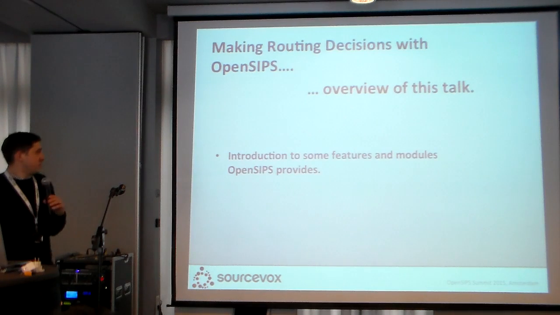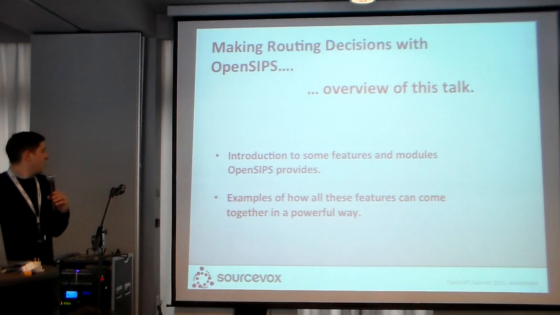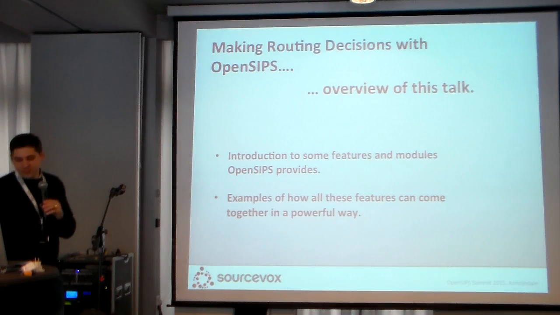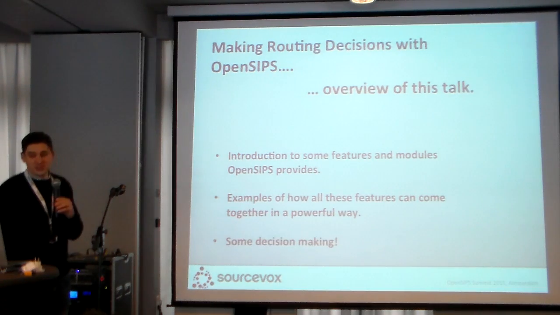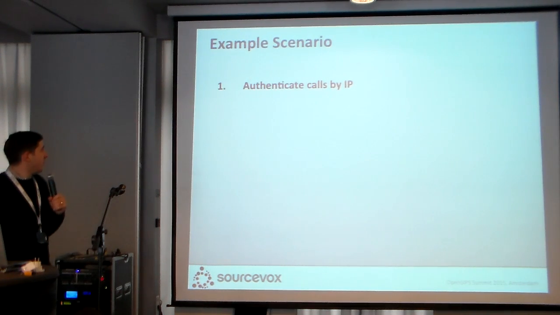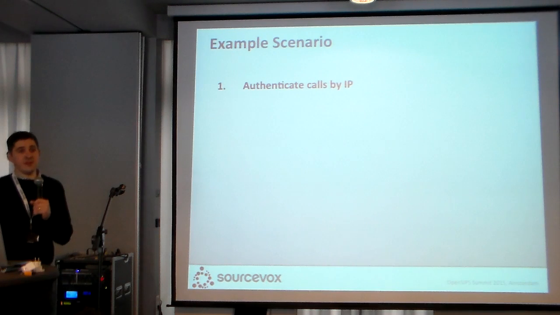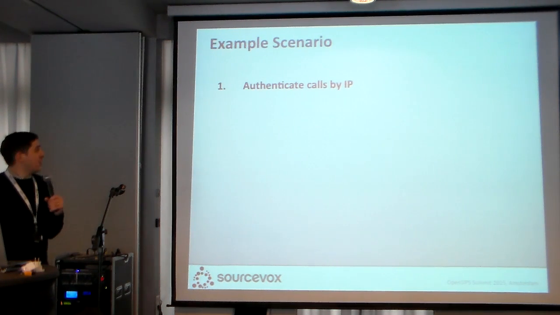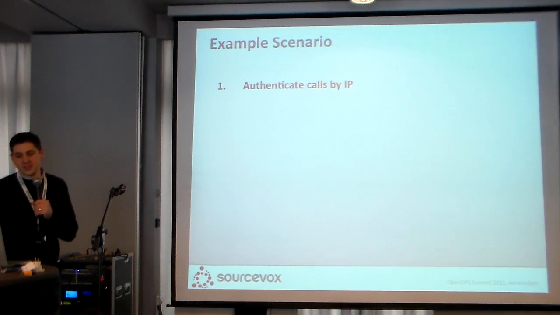It will be an introduction to some of the features and modules of OpenSIPS, and an example of how all the features can come together in a powerful way for decision making. So this is the example scenario we're going to work through. First of all, as some of you may be very familiar with how to do this already, we want to authenticate a call using its IP address.